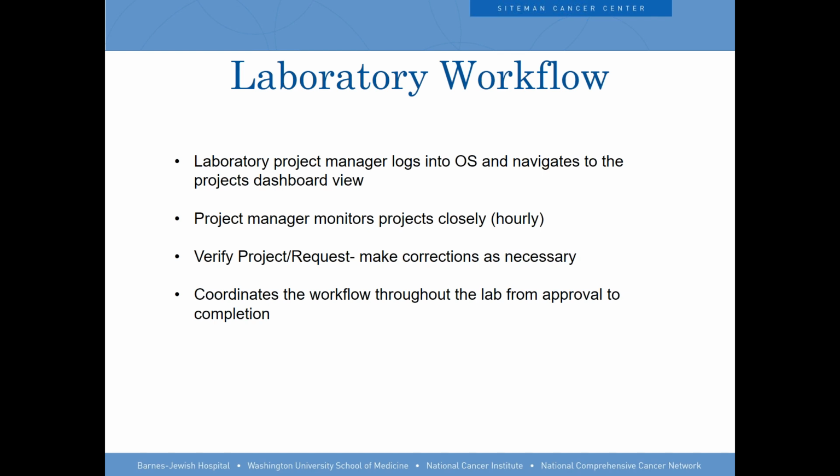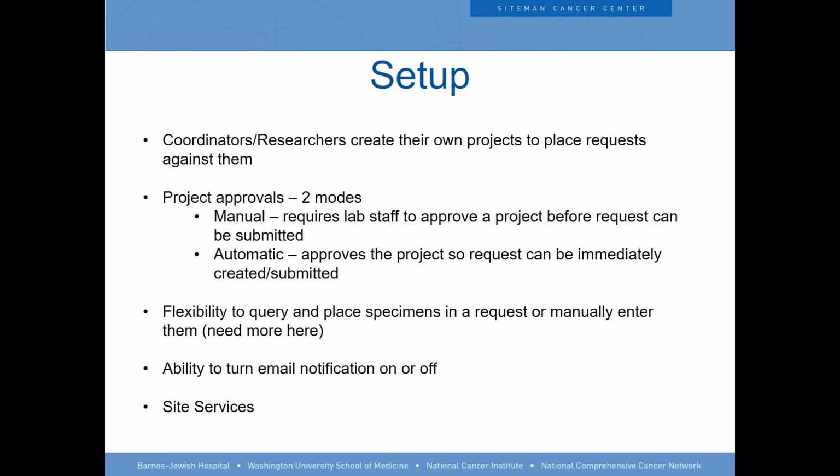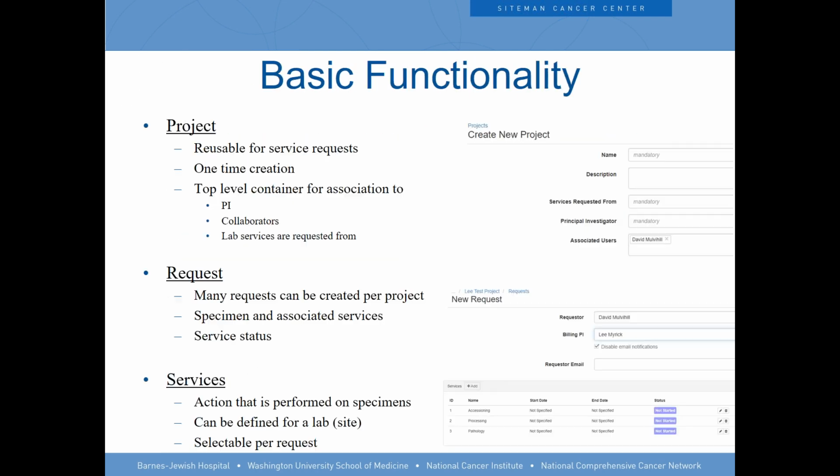There's a question from Richard: can users other than the actual requester see the status of a particular request? Let me answer that. If you're an associated user at the project level, you will be able to see the status of the request, and you'll be able to go in there and view all the requests under that project.